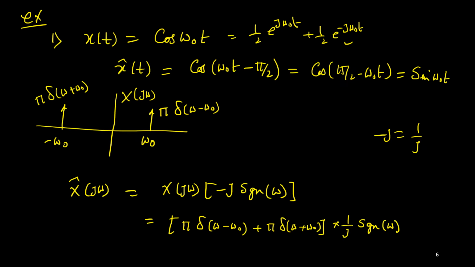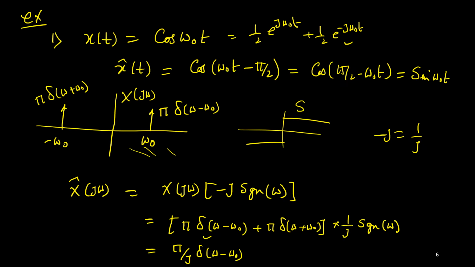Is that correct? So this is your positive frequency. When this is multiplied, the signum of omega naught is plus 1, so it becomes only pi upon j delta omega minus omega naught, because on this right side the signum is 1.